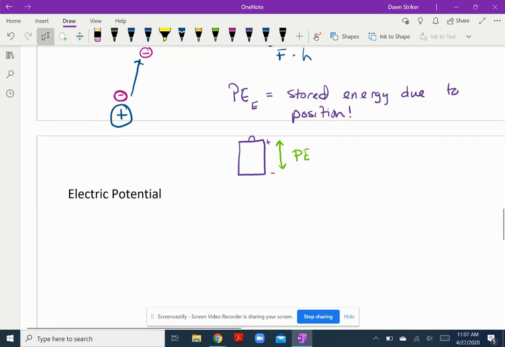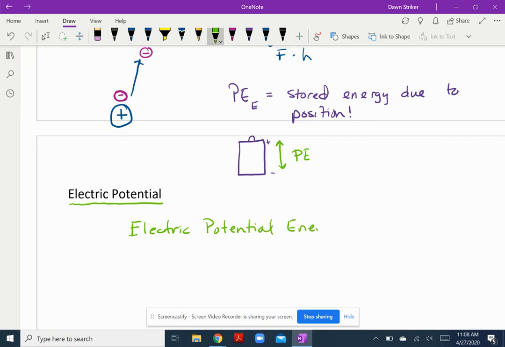All right. Now, since charge is very, very small and sort of hard to count up individually, we use a term that's called electric potential. And what that really means is electric potential energy per unit of charge. Electric potential energy per charge.